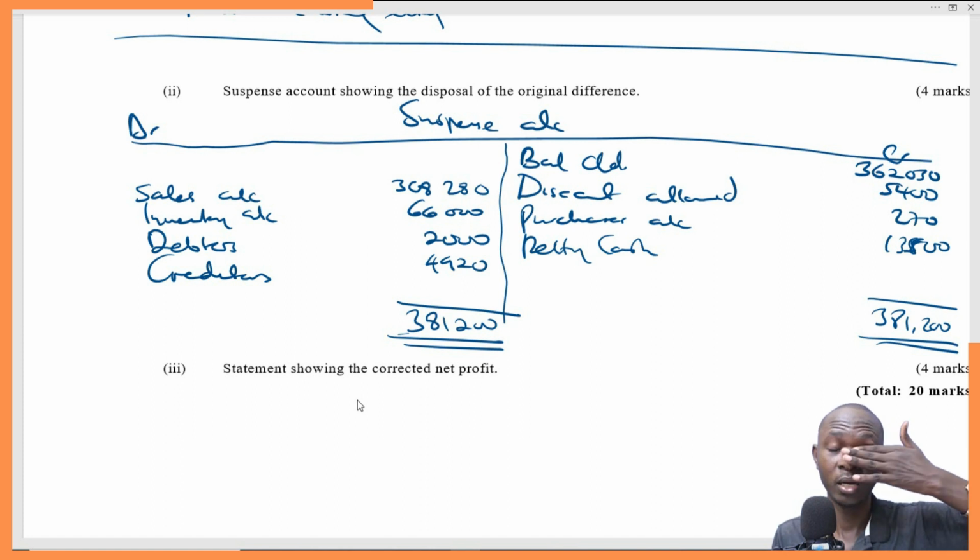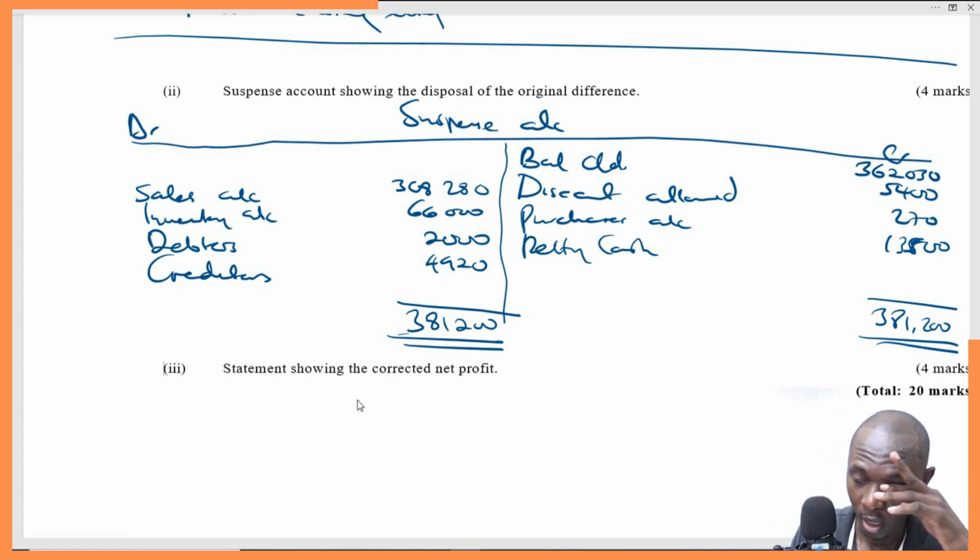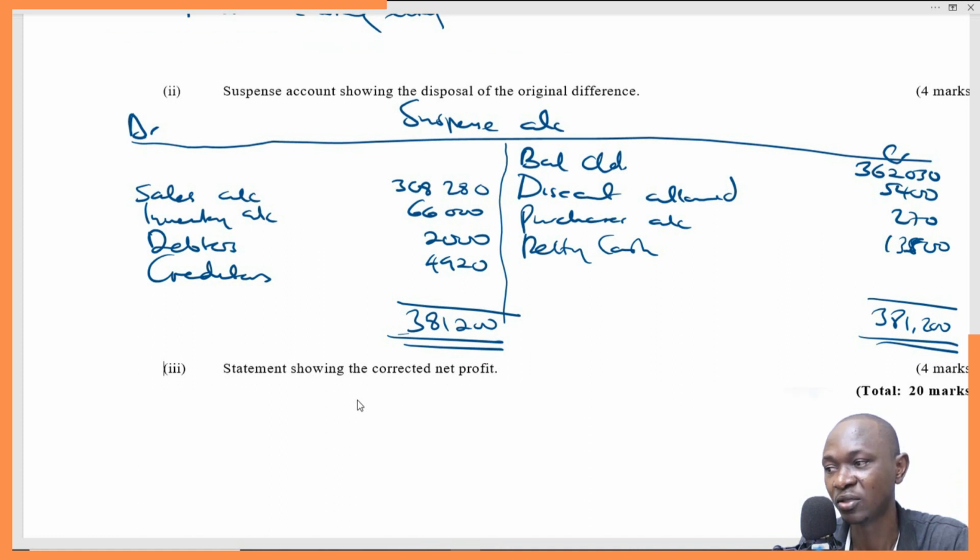The assumption here is that the suspense account didn't balance by 362,030, and then these are the errors that we discovered, so that at the very end it balanced. This is the assumption. If we had been given the figure, we assume that this would be the figure they would have given us as the reason why the trial balance did not balance.